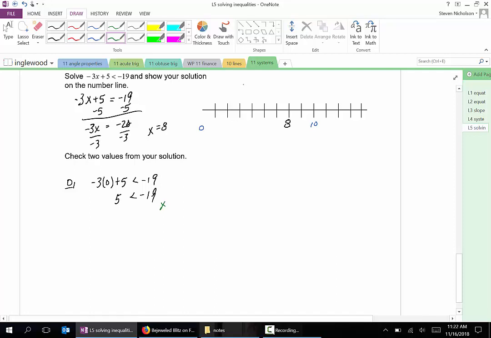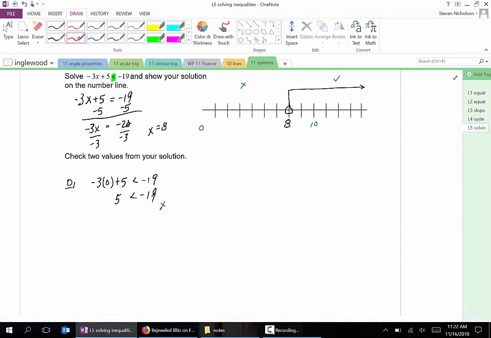And what that really says is the solution is not on this side of 8, it has to be on the other side. And if you don't believe me, go in and check it again, plug in 10, and you'll find that your inequality is then true. And the only thing we have to decide then is, do we include 8 in our solution? And the answer is no, because our inequality is less than, not less than or equal to.